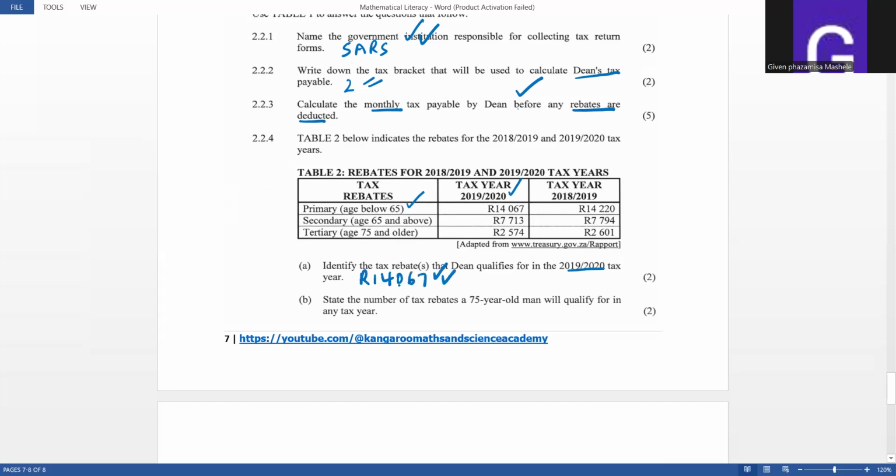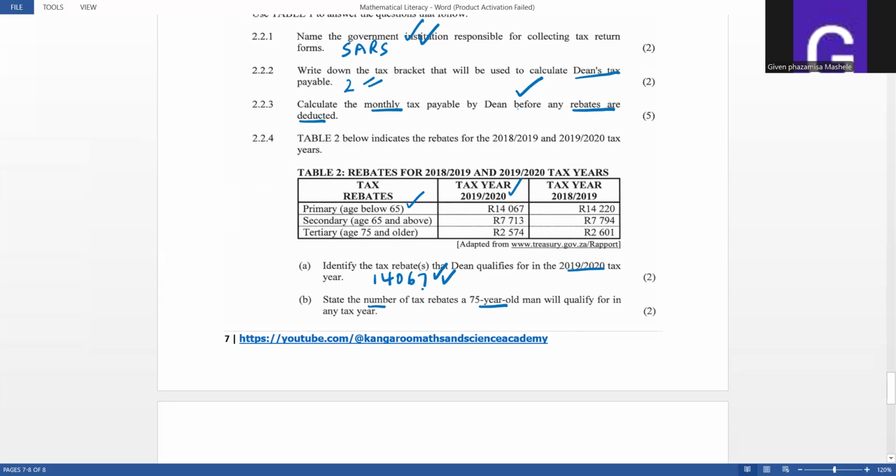State the number of tax rebates a 75-year-old man will qualify for. State the number, not the amount.